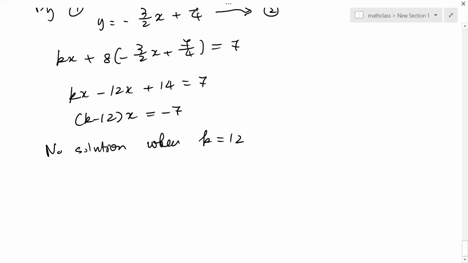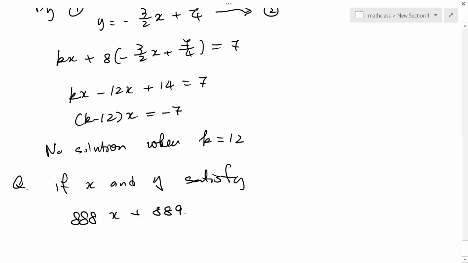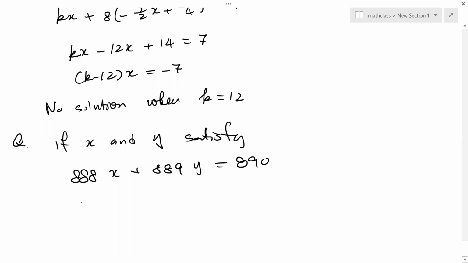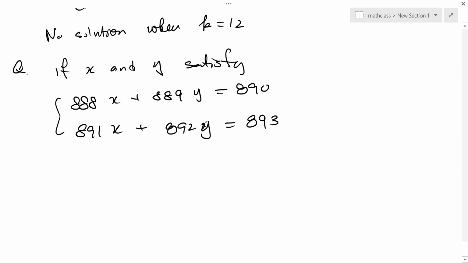But let's do one more problem, and then we are going to end the class. If x and y satisfy the equations 888x plus 889y equals 890, and 891x plus 892y equals 893, find the value of x minus y.